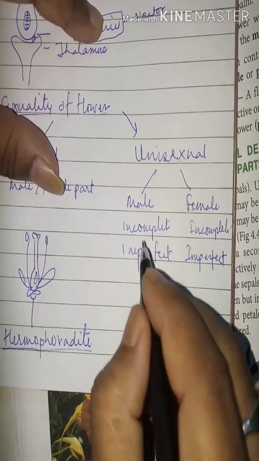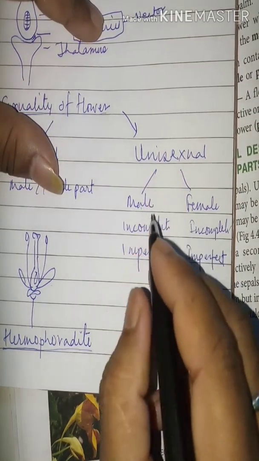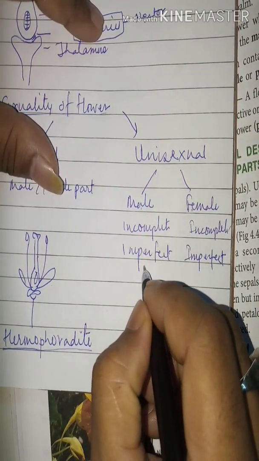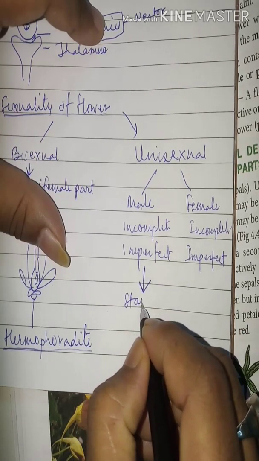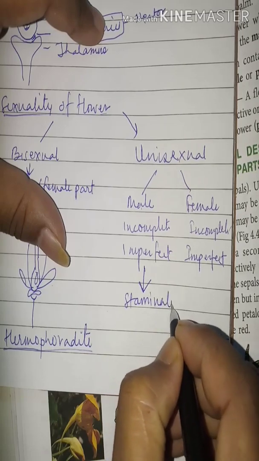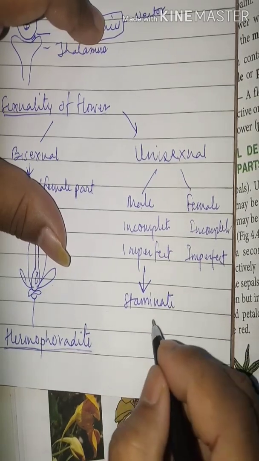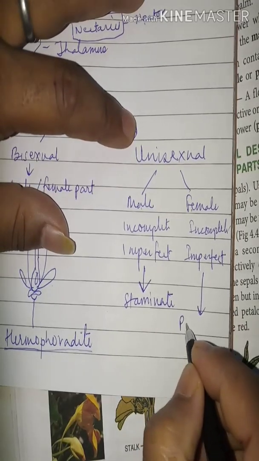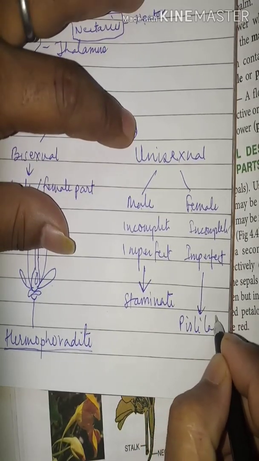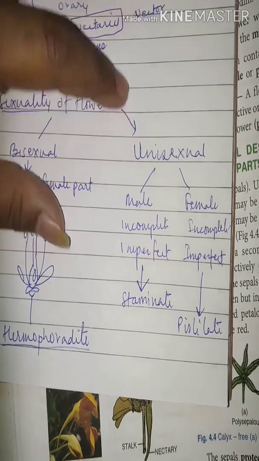Clear? If it contains only male part, it is also known as staminate flower, and if it contains only female part, it is known as pistillate flower.